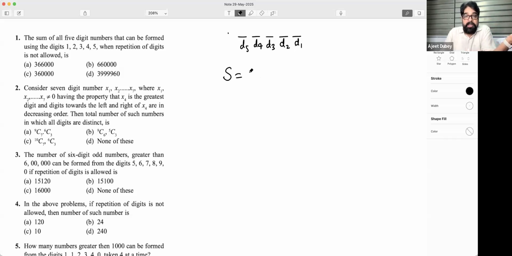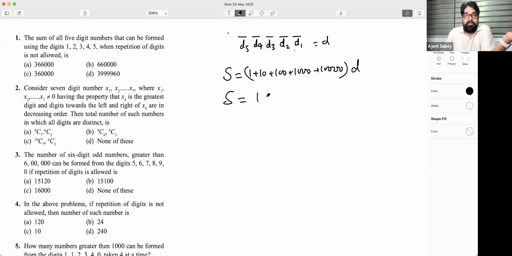Or you can say it will be 1 plus 10 plus 100 plus 1000 plus 10,000 into D1 plus D2 plus D3 and so on. But in this case, D1, D2, D3, D4 everything will come as the same D.